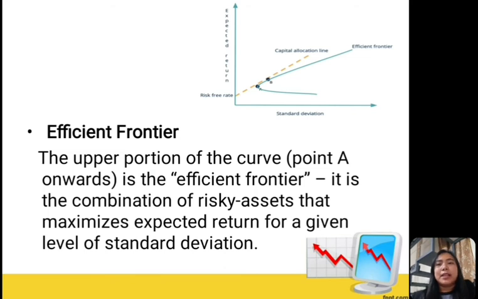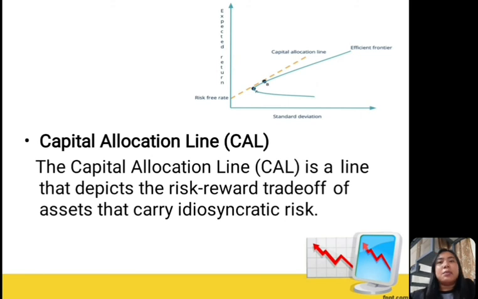It is depicted by the line that is tangent to the efficient frontier, which is also called the capital allocation line. The capital allocation line is a line that depicts the risk-reward trade-off of assets that carry idiosyncratic risk.